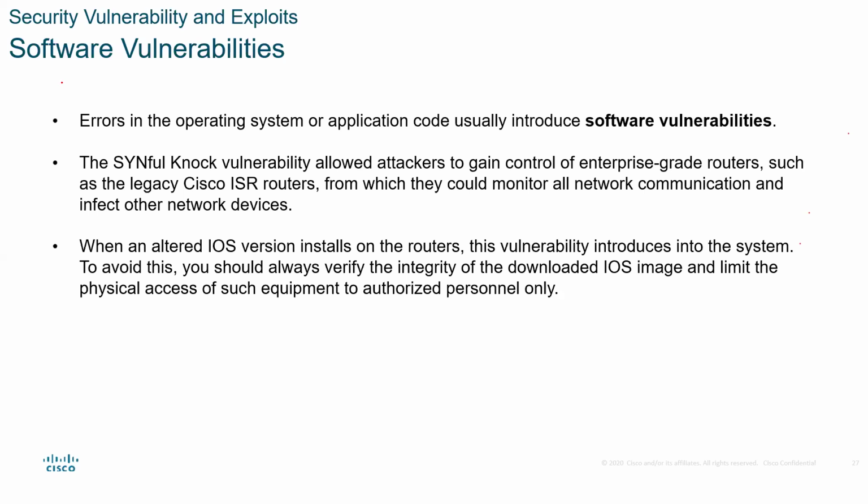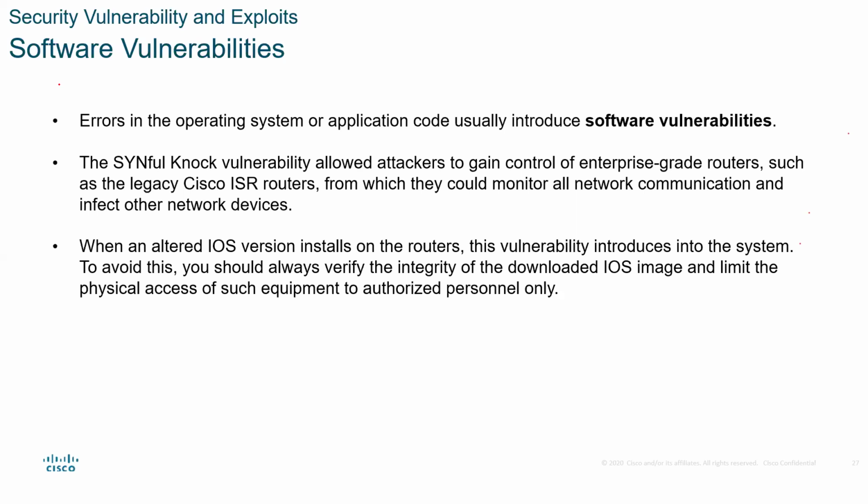How about software vulnerabilities? Errors in the operating system or application code, that's what we call software vulnerabilities. The SYNful Knock vulnerability allows attackers to gain control of enterprise-grade routers, such as legacy Cisco routers, from which they could monitor all network communications and infect other network devices.